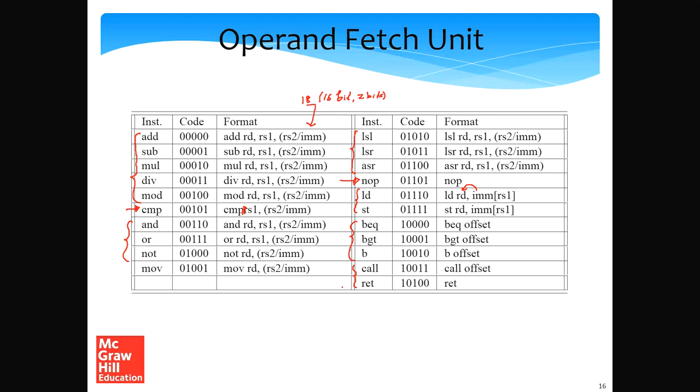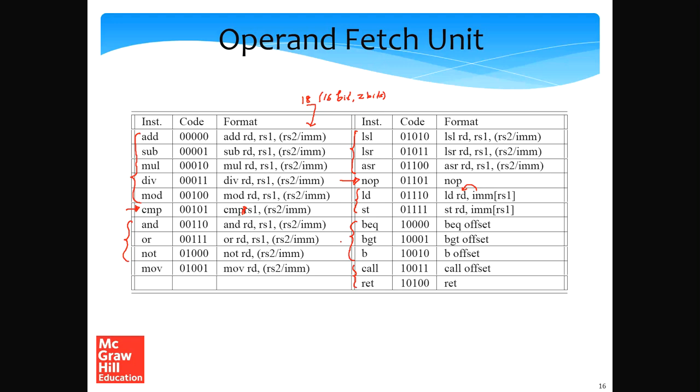So let me now add a word of why. For every instruction, we assign it a code. So how many instructions do we have? We have 1, 2, 3, 4, 5, 6, 7, 8, 9, 10, 11... we have 21 instructions. So we have 21 codes for the different instructions.